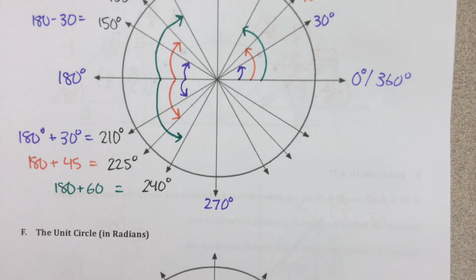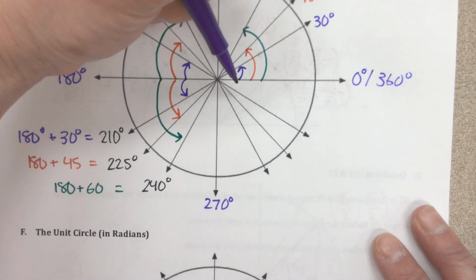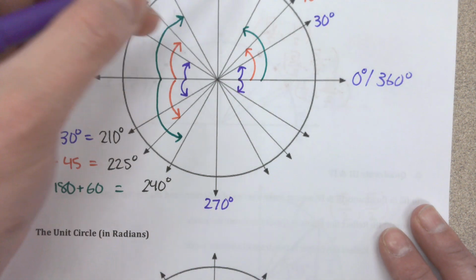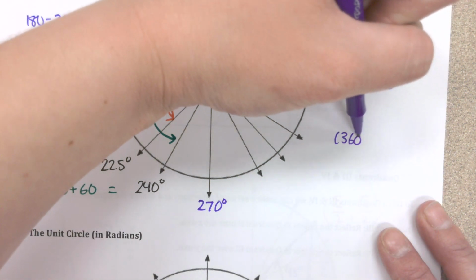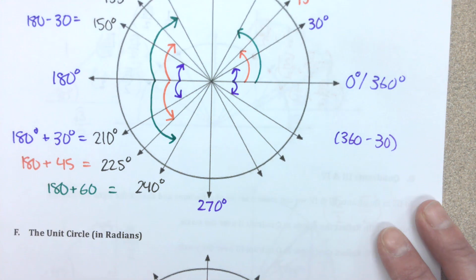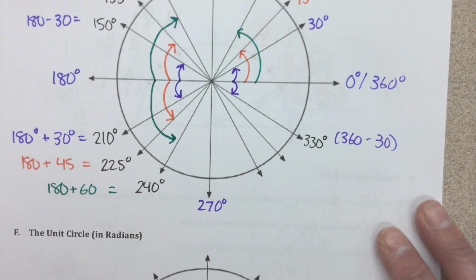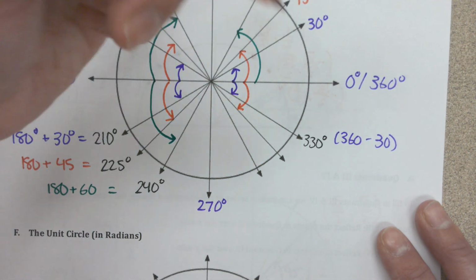Lastly, the fourth quadrant. We're going to do that one more time. From the x-axis to the first line, that's still 30. This is just shy of a full circle. So this is 360 minus 30 for the first angle. That's 330 degrees. To the second line, that's 45 degrees.